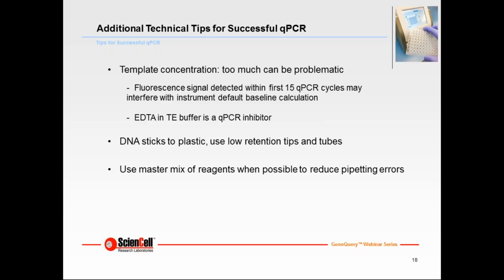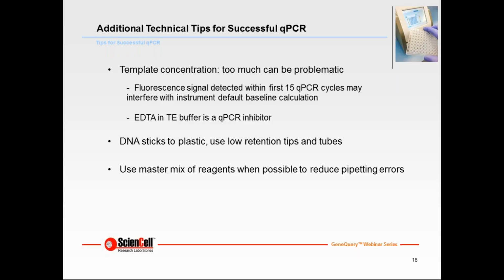For another, TE buffer is often used to dissolve and store the cDNA template because it offers a suitable pH for DNA solubility. And the buffer component, EDTA, can chelate ions to suppress unwanted nuclease activity. However, this EDTA in TE buffer is a PCR inhibitor.